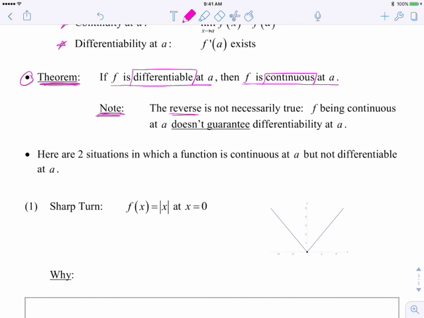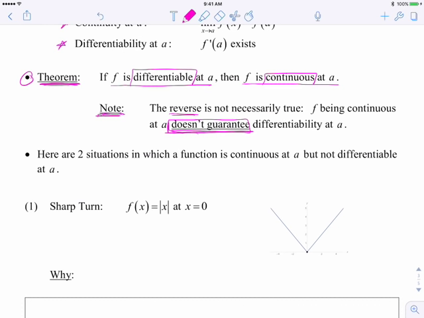F being continuous does not guarantee differentiability. So what that means is that if a function is continuous at a certain x value, it does not have to be differentiable at that same x value. Differentiability automatically gives continuity, but continuity does not necessarily give differentiability.